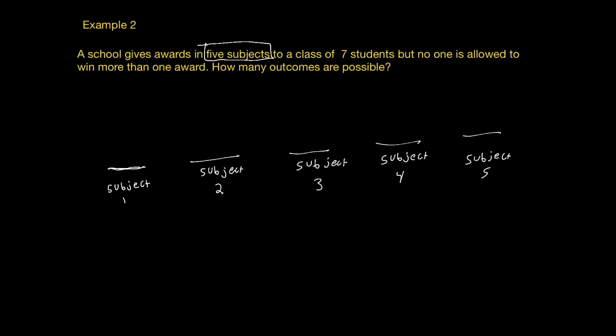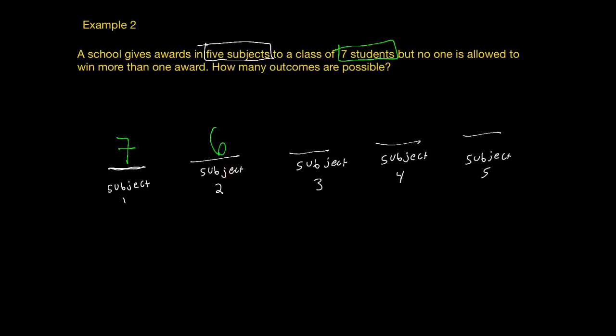So we have a total of 7 students, right? And no one is allowed to win more than 1 award. So for subject number 1, we have a total of 7 students being capable of winning that award. But once we choose this one person to win subject 1 award, then there's only going to be 6 remaining students capable of winning subject 2.